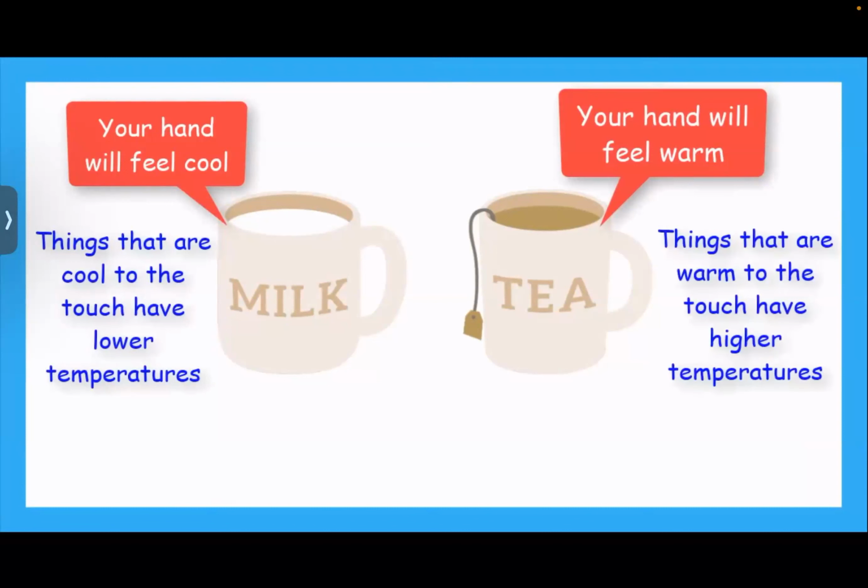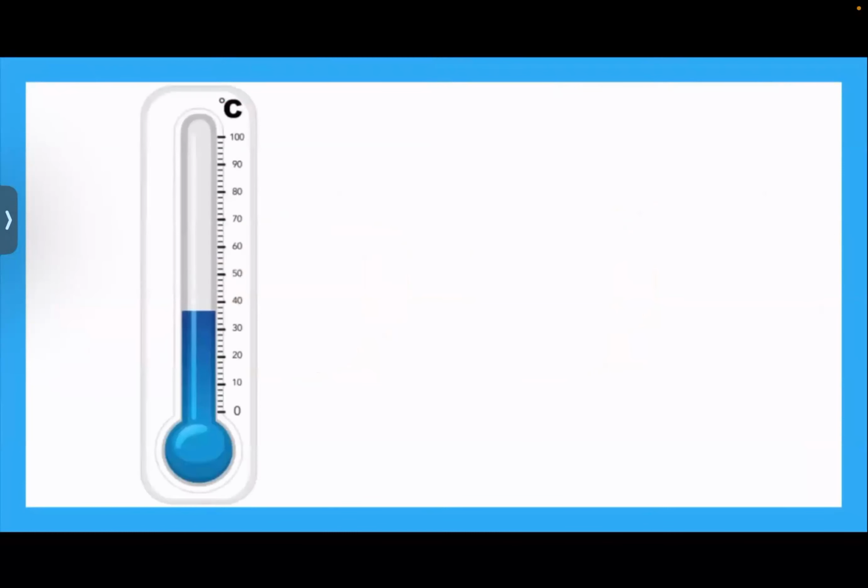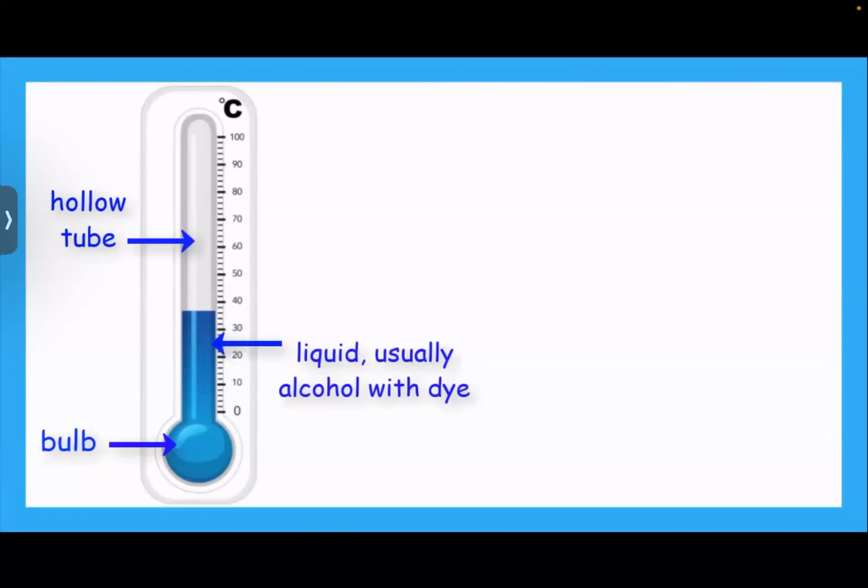And things that are warm to the touch have a higher temperature and more energy. Now, if we want a more precise measurement of temperature, we can use a thermometer. Thermometers are usually made of glass and have a hollow tube. At the bottom of the tube, there is a bulb. The bulb holds liquid, normally an alcohol. There are numbers that go up the side of the thermometer.